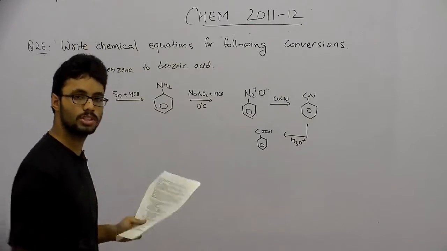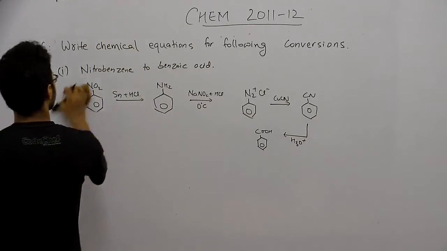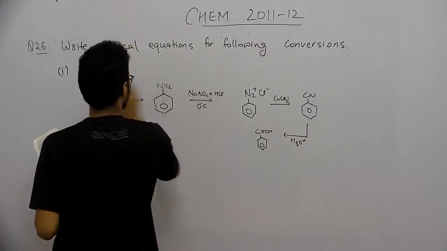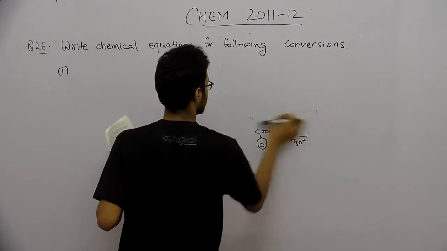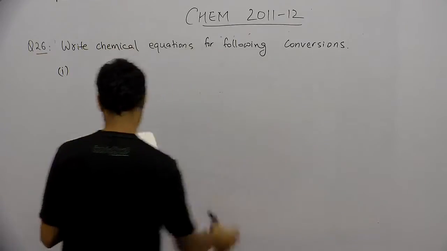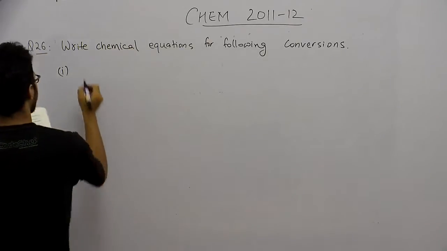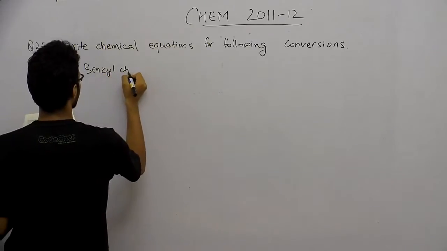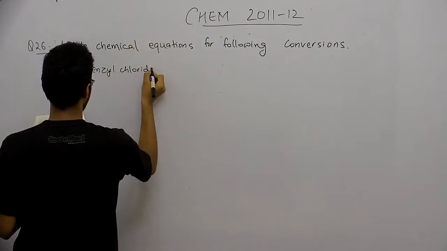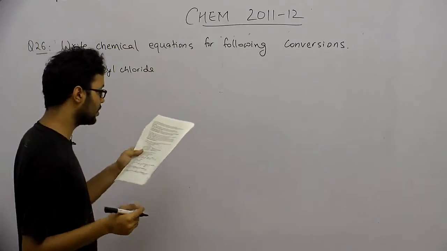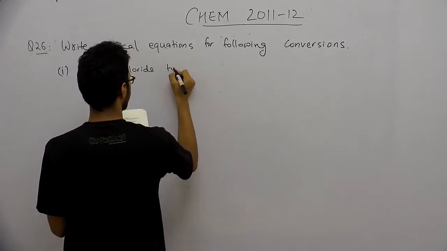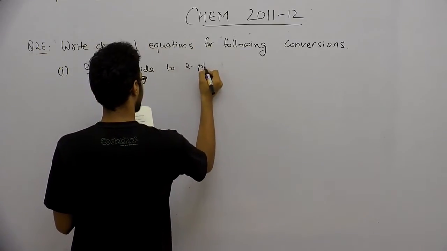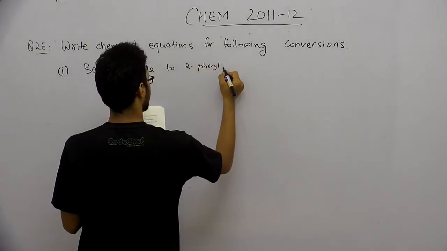Now we will go to the second part of the second conversion. The second is benzyl chloride, has to be converted to 2-phenyl ethanamine.